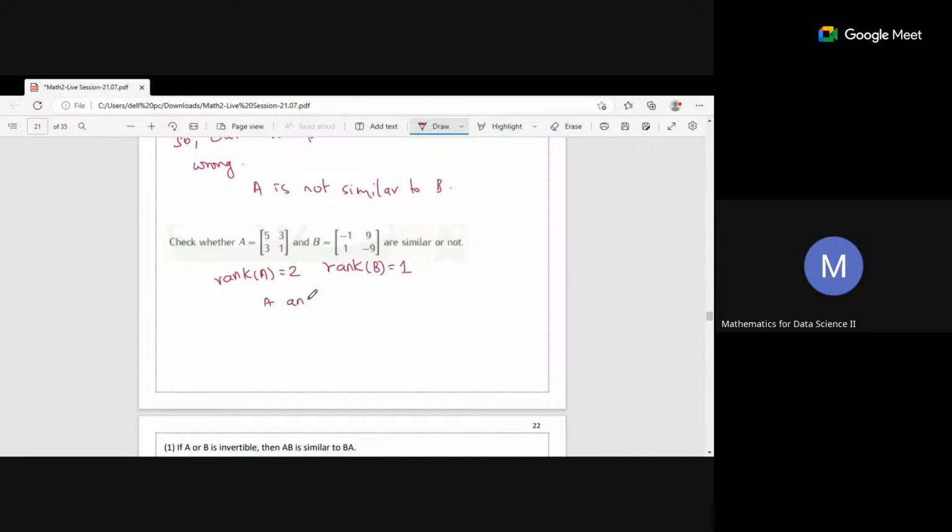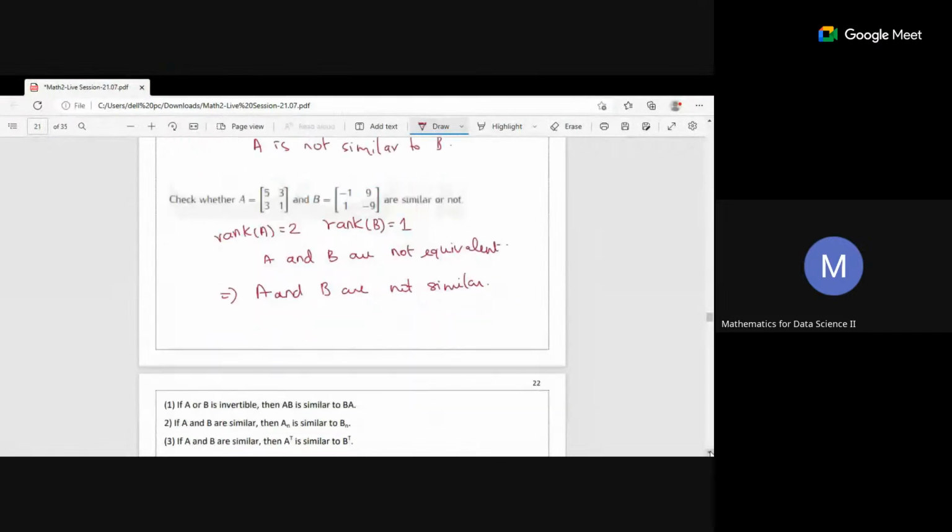It means A and B are not equivalent. So if two matrices are not equivalent, then they cannot be similar, because all similar matrices must be equivalent. So this implies that A and B are not similar. If they are equivalent, we cannot say that they will be similar. But if they are not equivalent, then certainly they are not similar. Exactly. Okay.